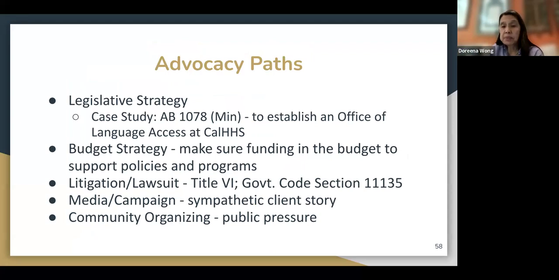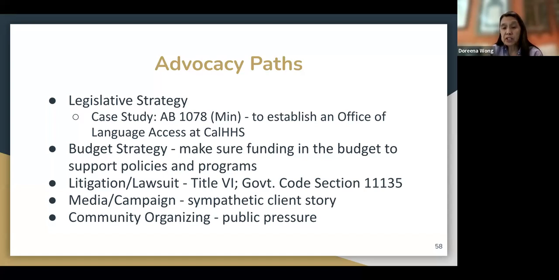They could draft a potential bill, attend hearings, provide testimony, and work in coalition with other groups to try to push through a bill to create new rights and protections and services for entire LEP populations. And so, in just a moment, I'll go through an example of this.